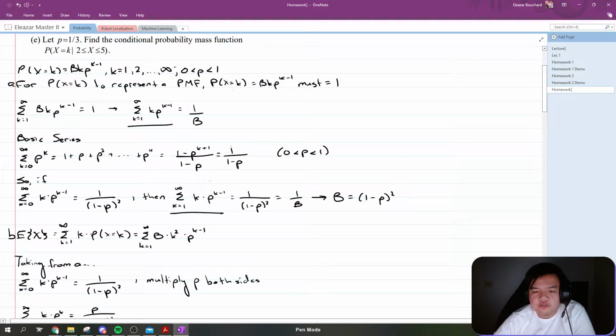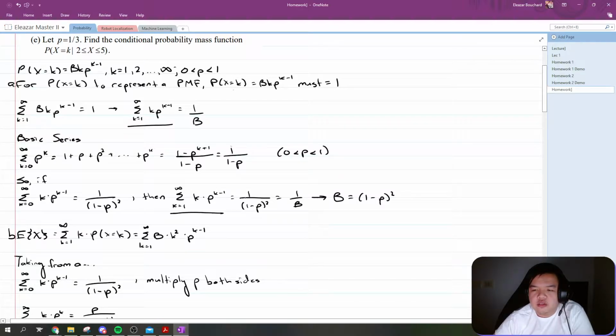Knowing this, we can also say that the summation of k times p to the k minus 1 is equal to 1 over 1 minus p squared.